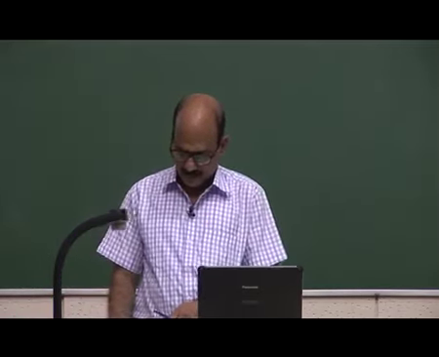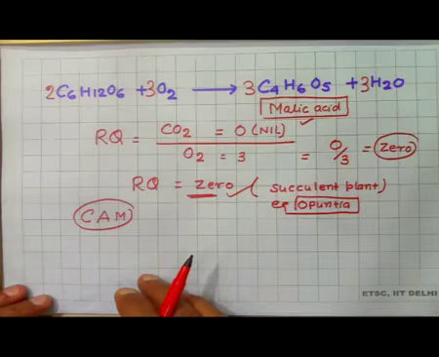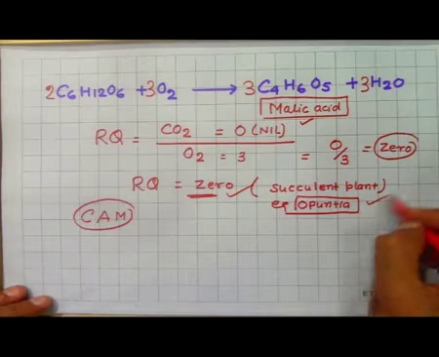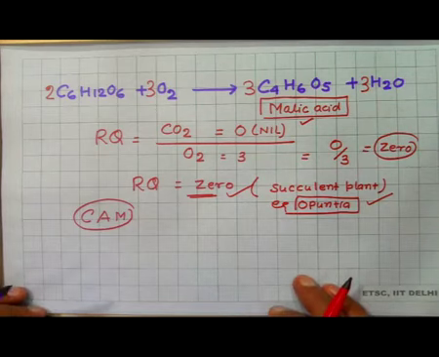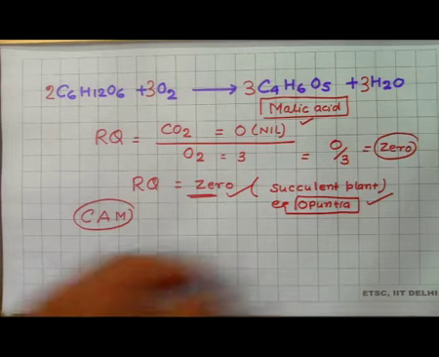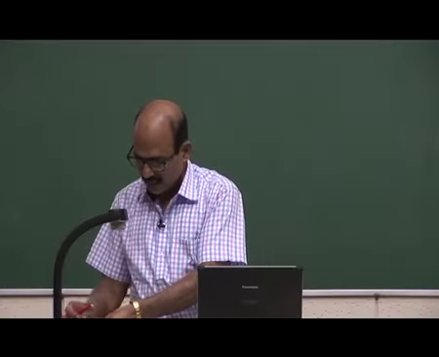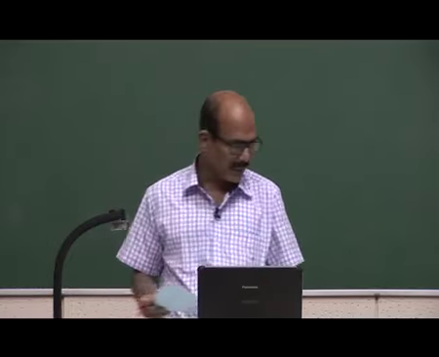When RQ is 0, that will be a succulent plant, for example Opuntia or any other plant which shows the crassulacean acid metabolic pathway.